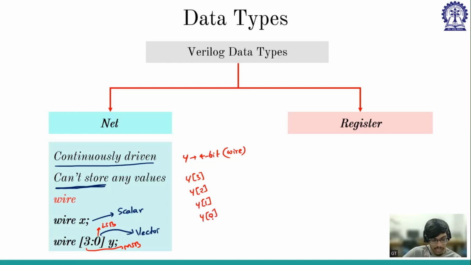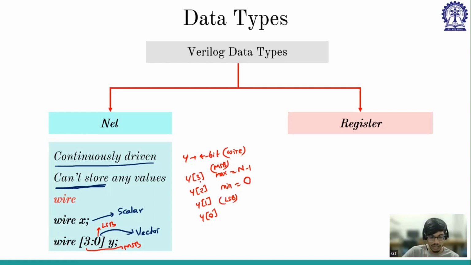Similar to C, we'll start with 0. And say if it is N bits, the maximum will be N minus 1, and the minimum is 0, MSB and LSB. So it varies from 0 to N minus 1.